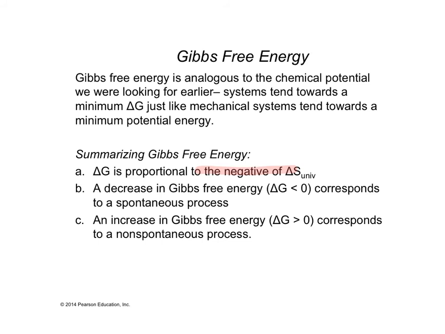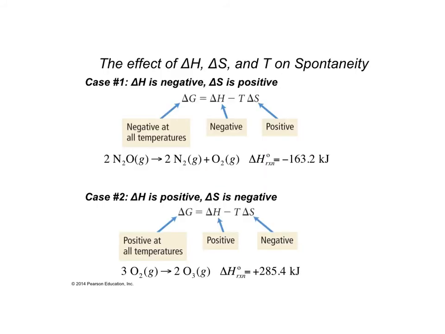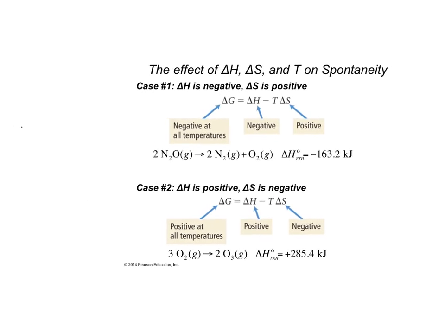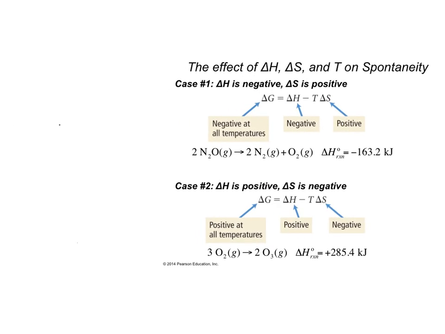So let's consider a couple of different scenarios that could lead to various signs with respect to delta G and how they're going to depend on the overall temperature of the system. So now, how are these various things, enthalpy, entropy, and temperature, going to affect the spontaneity of a reaction? So we're going to consider 4 different cases. The first case that we're going to look at is a delta H that is negative and a delta S that is positive.